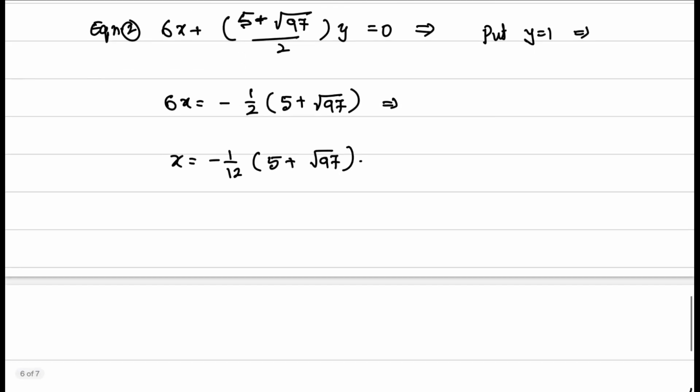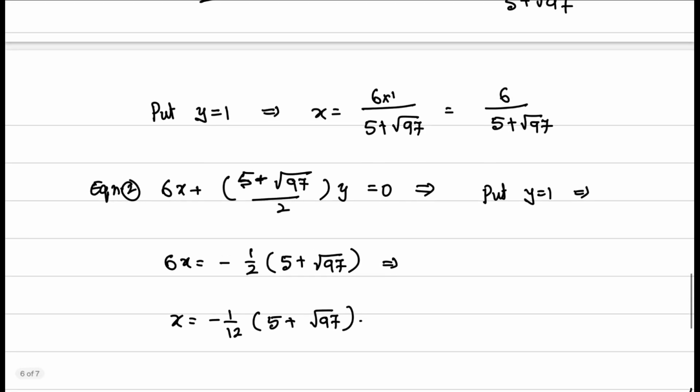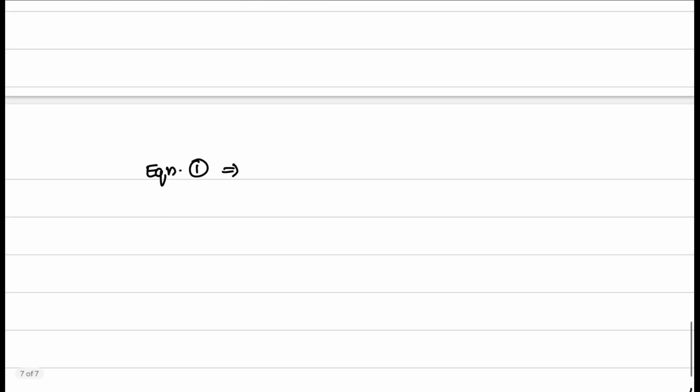Now from equation 1 and 2 we will combine. From equation 1, x is equal to 6 by 5 plus square root of 97, and y is equal to 1.